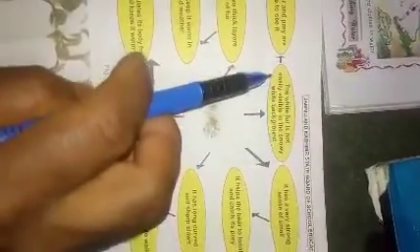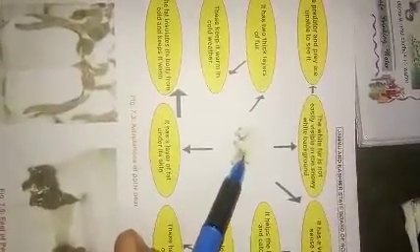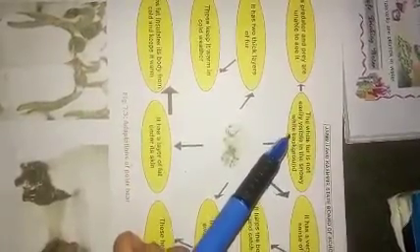So now let's discuss what these adaptations are. The white fur is not easily visible against the snowy white background. So this polar bear is white in color, and this white color is not easily visible in the snowy white background. So what are the merits of this?